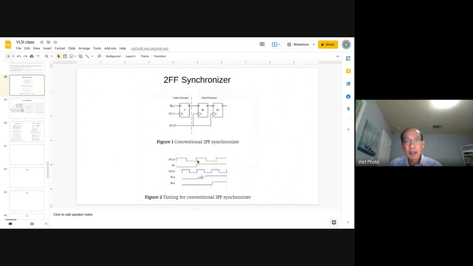So you see that this one and this one, metastability happens, and then the output will be fluctuating, right? In theory, we never know when it will settle down, because in theory, when you have a one-in-a-million case, it means that it happens.